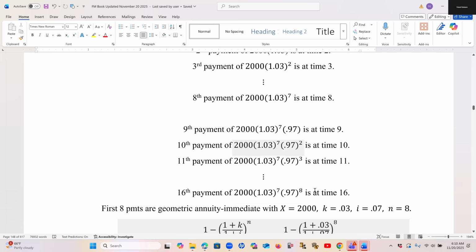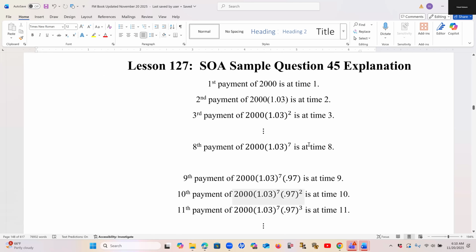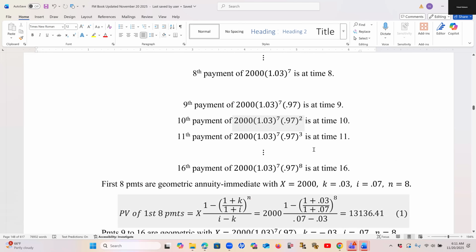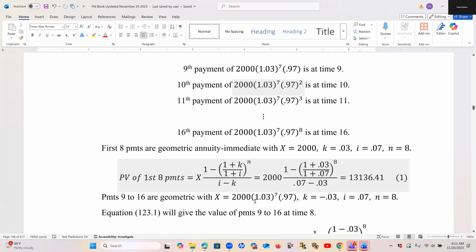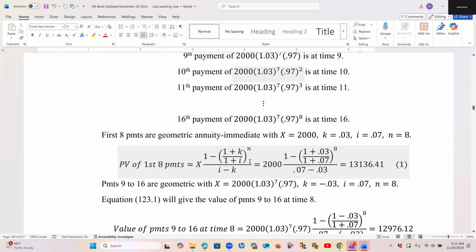So now we see that the first 8 payments are a geometric annuity immediate, with the first payment of 1,000 and growth rate of 3%. And so the present value of the first 8 payments would be x times (1 minus ((1 plus k) over (1 plus i)) to the power n) over (i minus k), according to the formula in lesson 123.